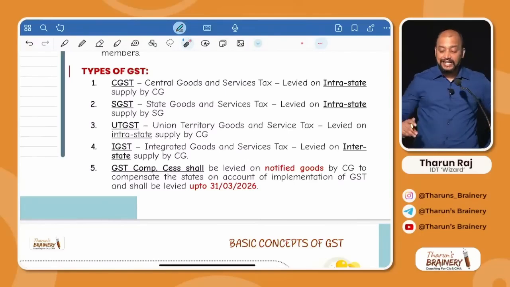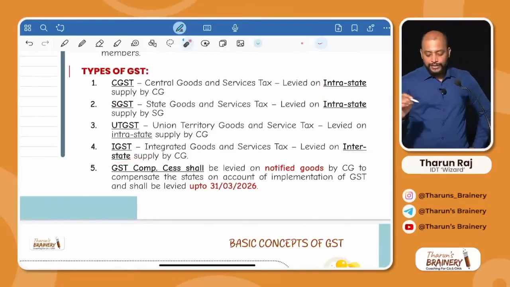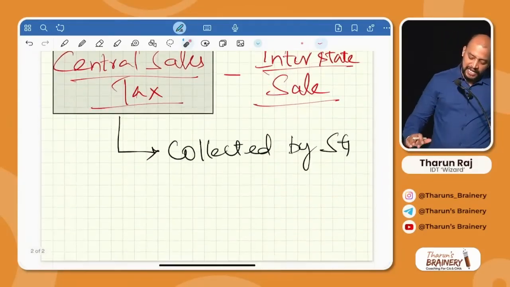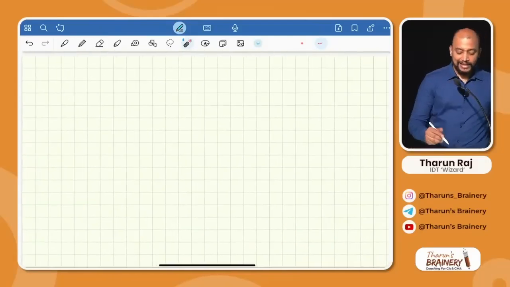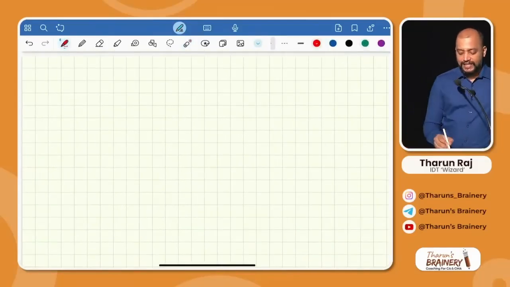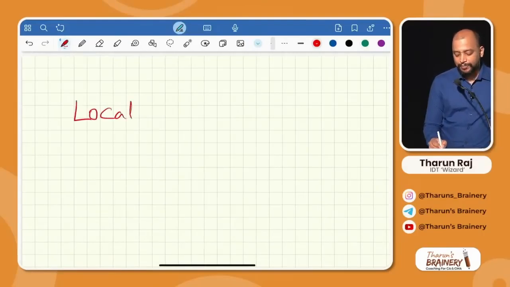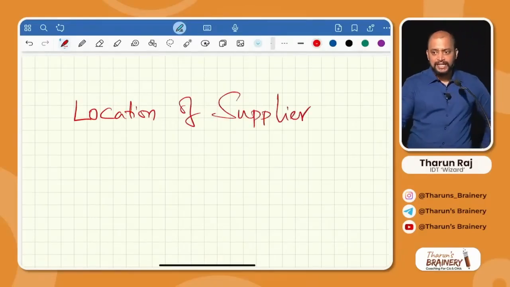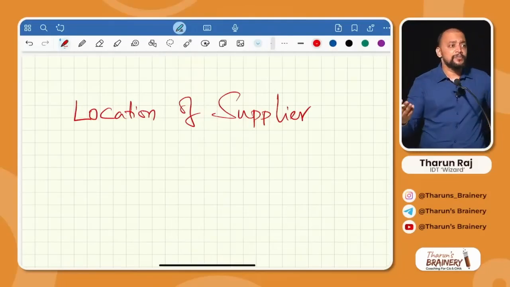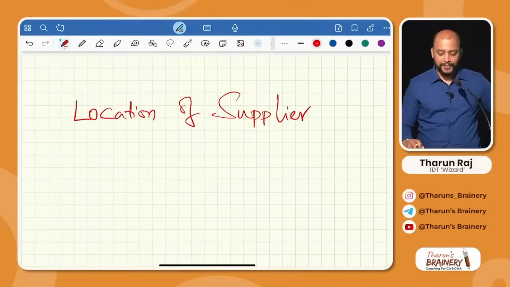And on which case? Intra-state sale. Now we need to understand what is intra-state supply and what is interstate supply. Okay. So carefully listen. It's already there, but I am just writing it here for you to get the clarity. There are two factors we need to understand. Location of supplier. Location of supplier means where the supplier is registered or where they are doing business, that is called the location of supplier.